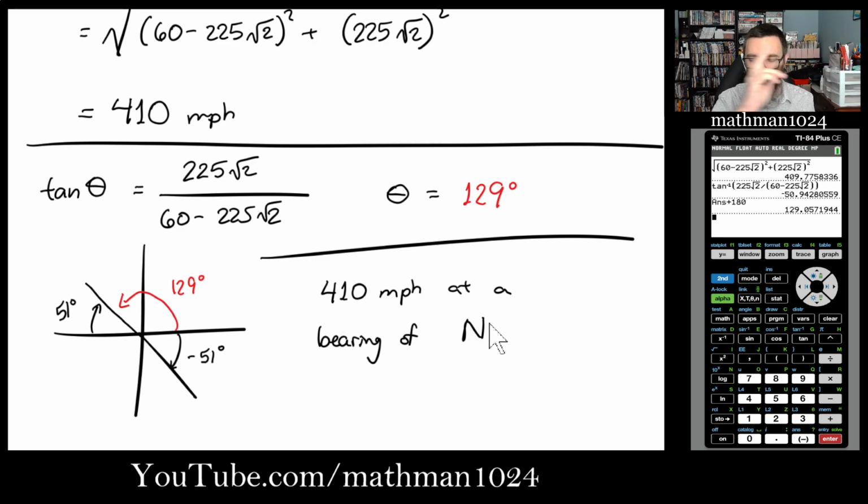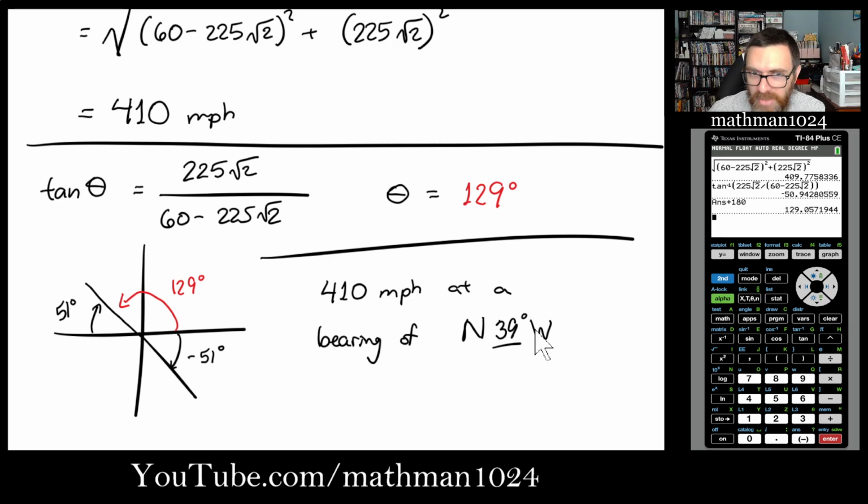So heading north, but going west, right? But not straight west. So what's that number in the middle? It's going to be the complement of 51. So it's going to be 39. So north, 39 degrees west.